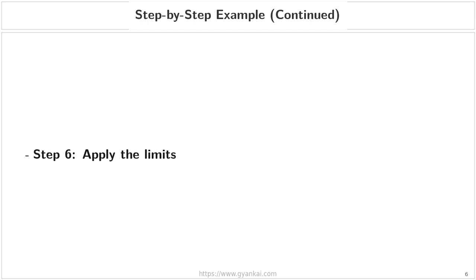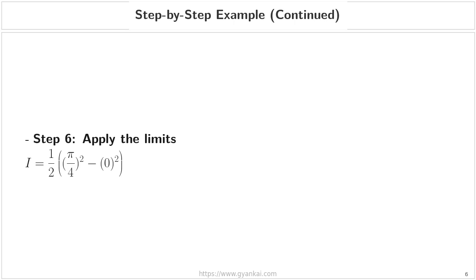Let's apply those limits. Our upper limit was pi over 4, and our lower limit was 0. So, we substitute t equals pi over 4 into our antiderivative, and then subtract the value of the antiderivative when t equals 0. This gives us 1/2 multiplied by the quantity pi over 4 squared minus 0 squared.